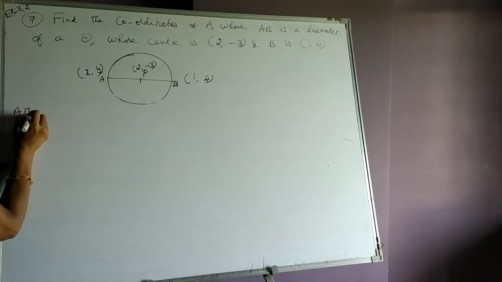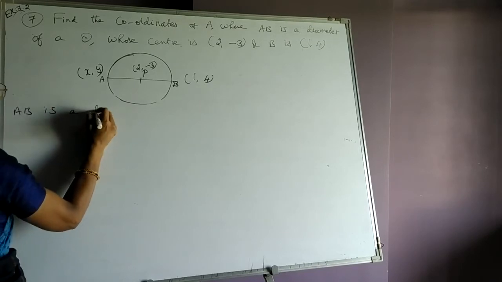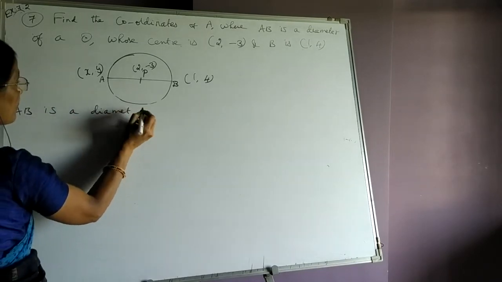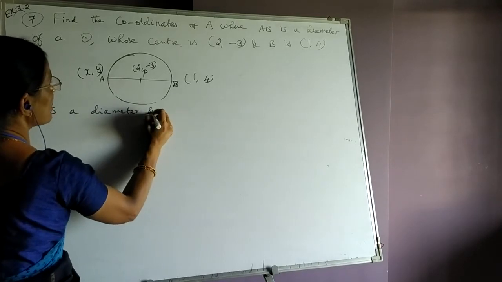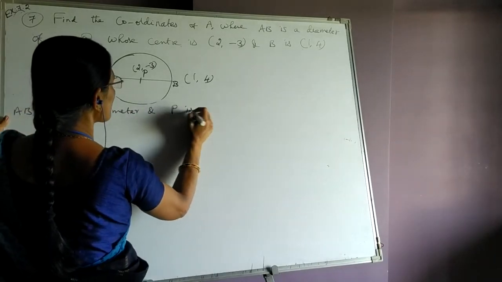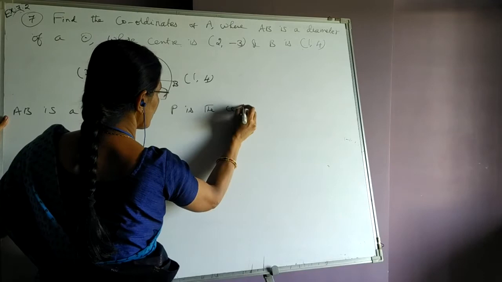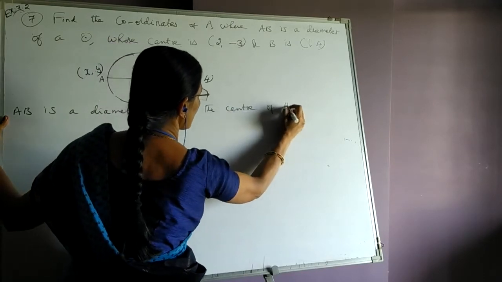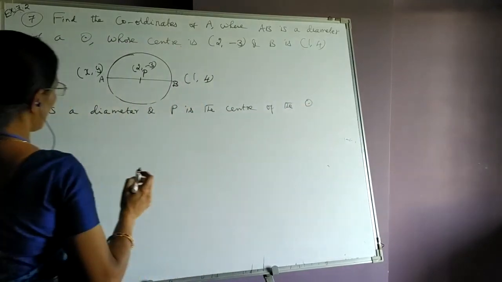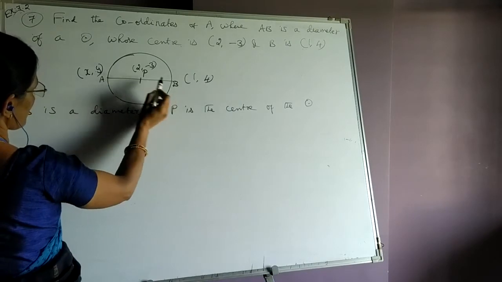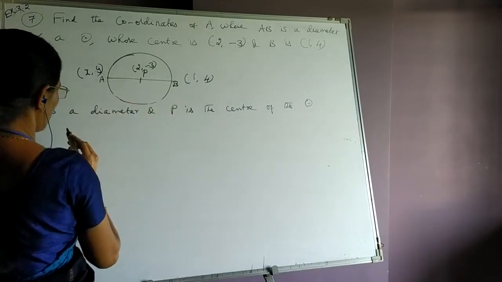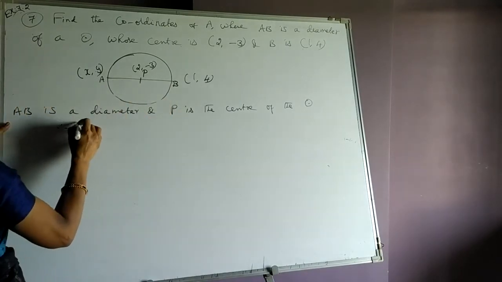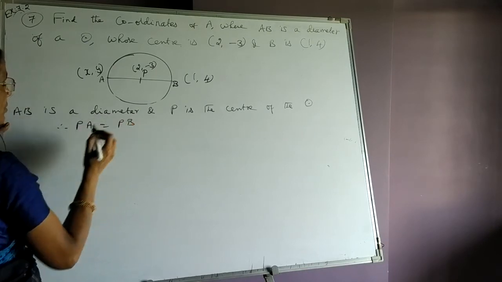So AB is a diameter and P is the center of the circle. We know this P is equidistant from A and B, right? Therefore, PA is equal to what? Equal to PB.